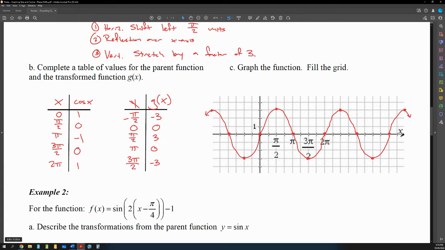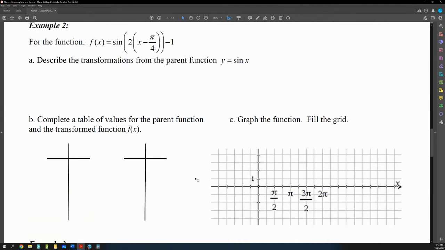Okay. Let's try another example. f of x is equal to the sine of 2 times the quantity x minus pi fourths, all minus 1. There's a few transformations here. The first is the horizontal compression by a factor of 1/2.